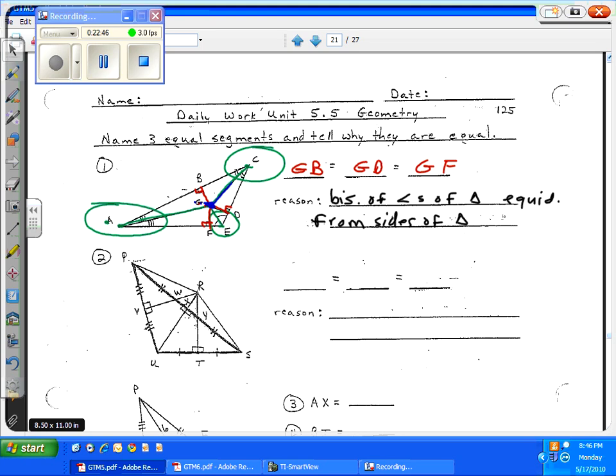And if we use that incenter and one of those distances as a radius, then we could inscribe a circle inside of that triangle. We'll talk later about how each side would be tangent to the circle, and B, D, and F would be points of tangency, but that's further down the line of study. Okay?